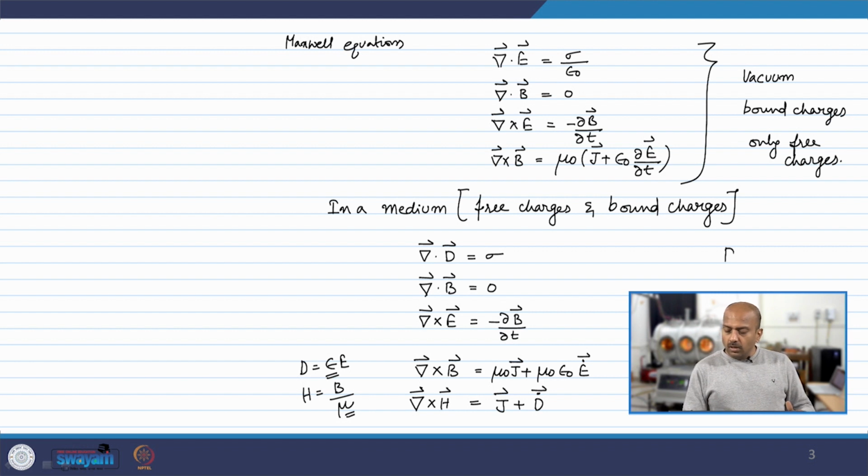So, capital D and capital H have the information of these bound charges. Bound charge density is, let us say, sigma B, and bound current density is, let us say, Jb, and the relevant permittivity is epsilon and the permeability is mu, right.